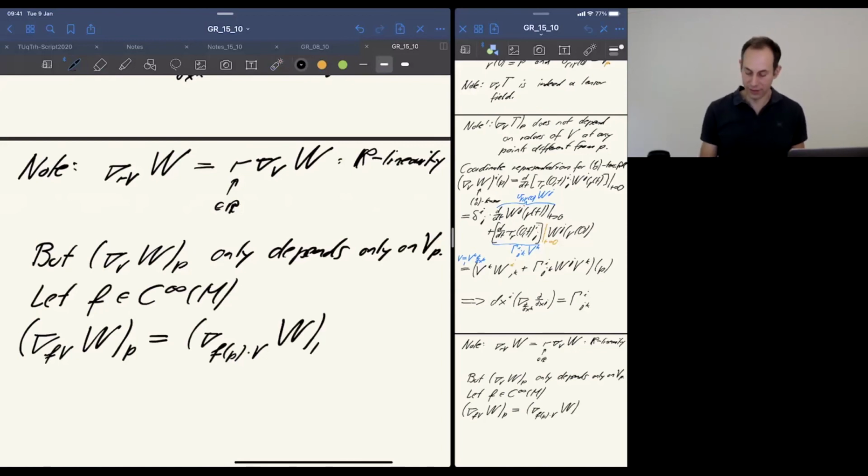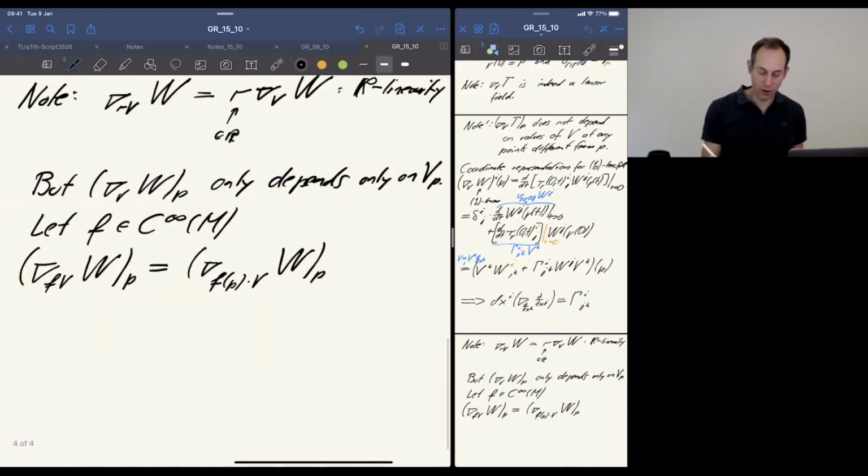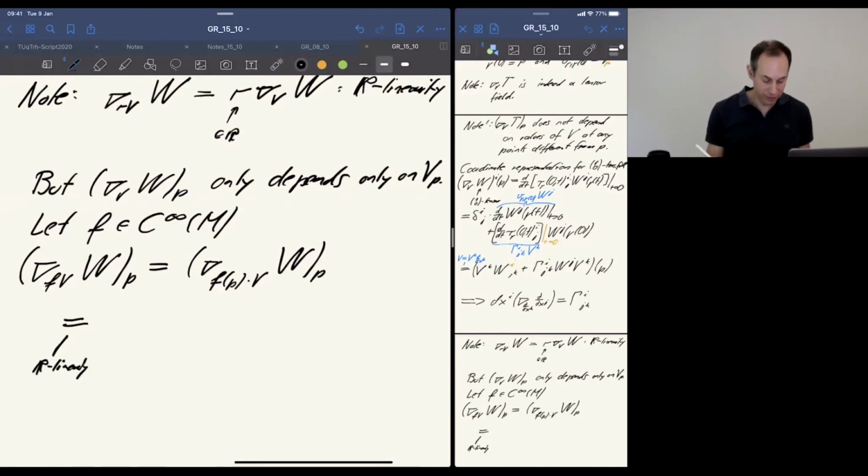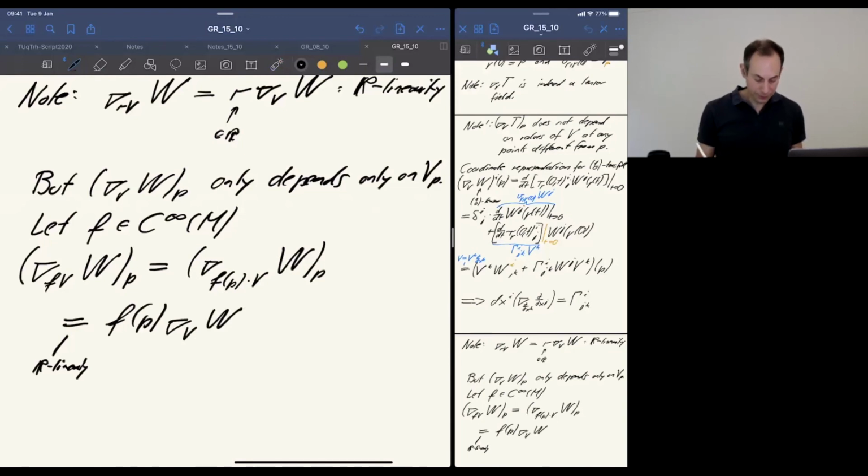So I can write this. But now I can use the R linearity. So this we already established, because f of p is by definition always the same. It's already evaluated, so I don't change the point now. So I can therefore write that this is equal to f of p and then the derivative along v of w, and that's the whole thing evaluated at p.